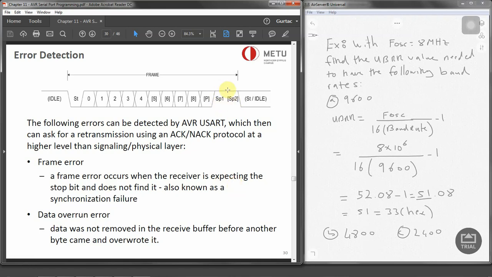If you don't find those, that means there's something wrong in the data that is transferred, and that gives an error. And data overrun error: data was not removed from the receive buffer before another byte came and overwrote it. So when you receive that data, it has to be transferred and cleared before the next one comes in. Otherwise, it will overwrite it and you will lose the first data that you received.